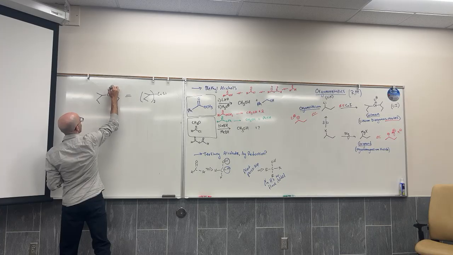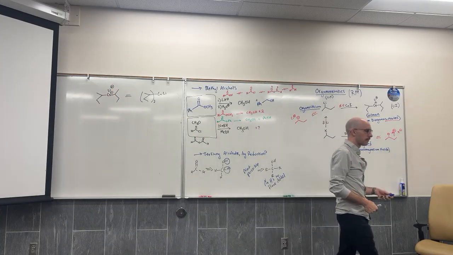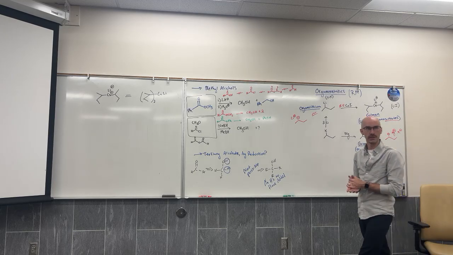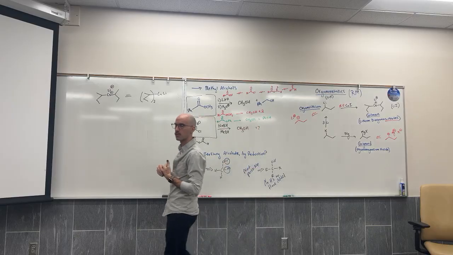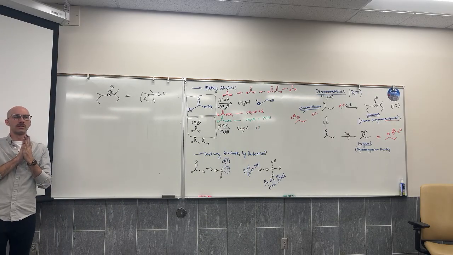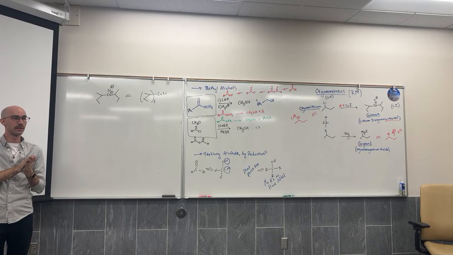So our Gilman reagent can really only be made from the organolithium. But I do want to point out all three of these organometallics are so different from each other. Well, actually, they're not all so different from each other. Lithium, group 1 metal. Magnesium, group 2 metal. S block metals.